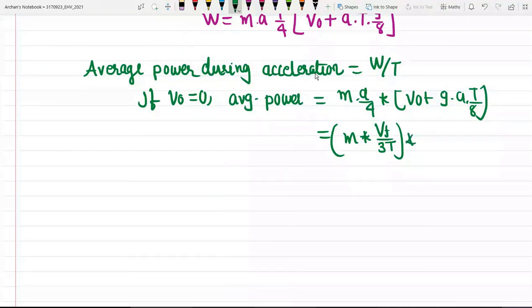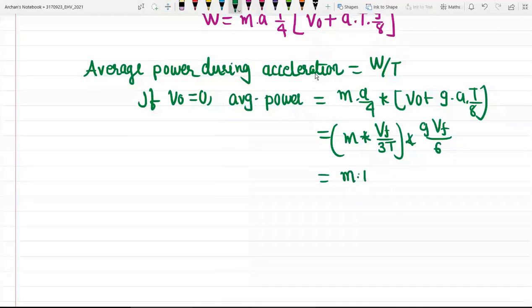Just putting the value of A, A is equal to Vf by 3. Ultimately, we got M into Vf square divided by 2 into T. Okay. So this is what we are getting.